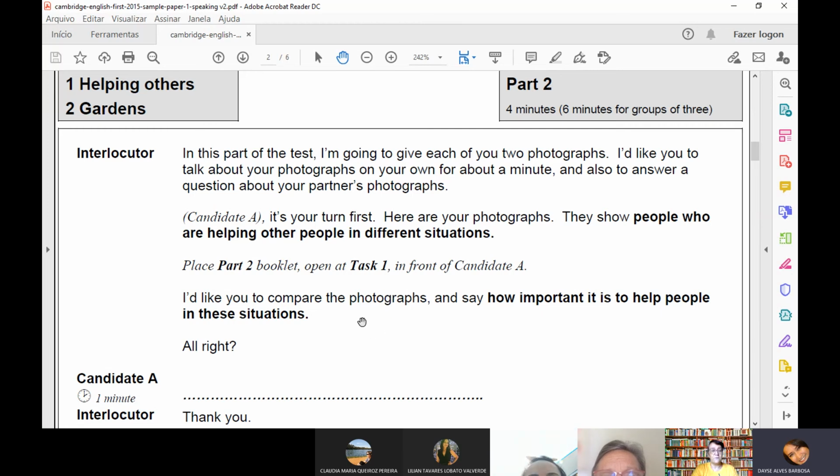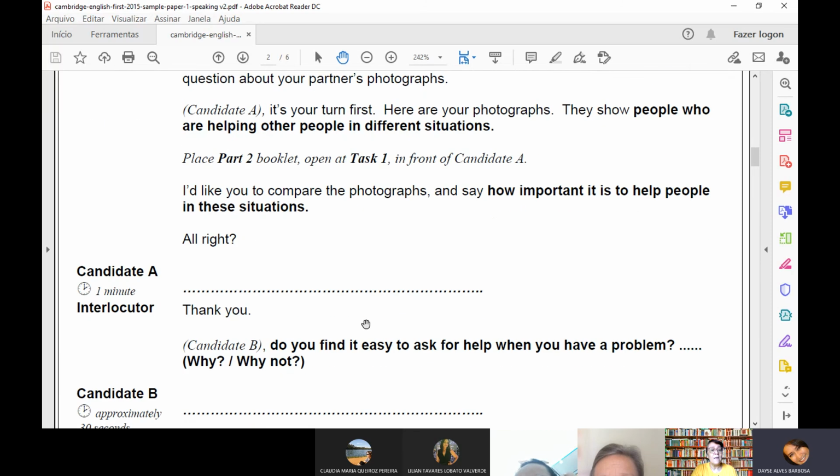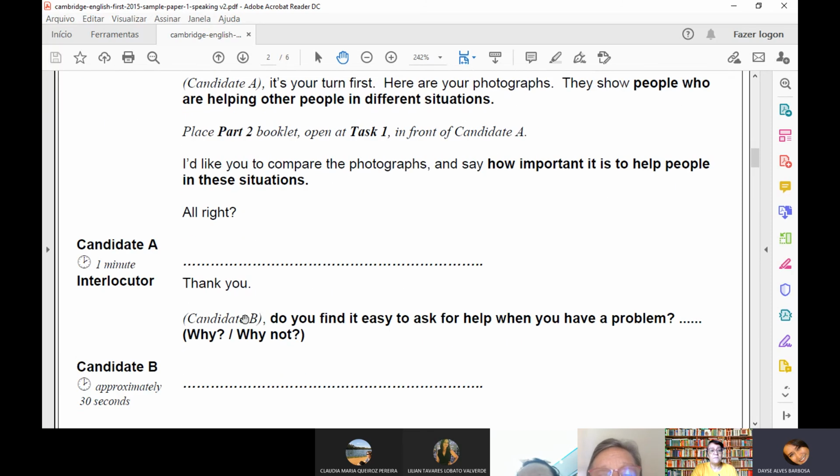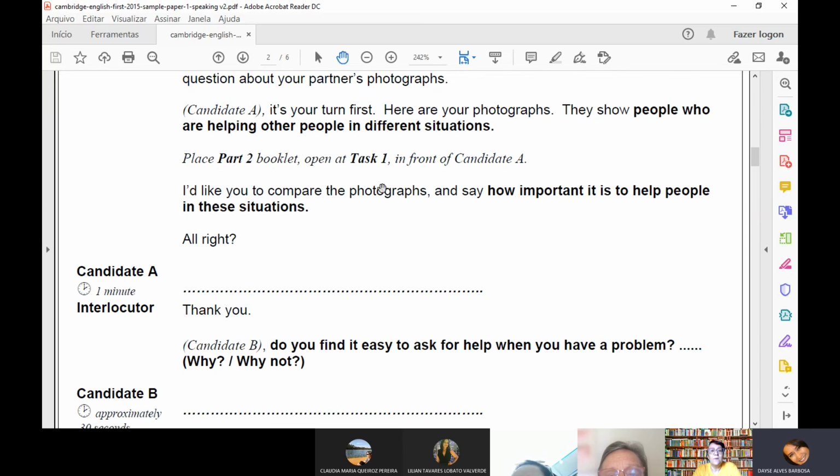I'd like you to compare the photographs and say how important it is to help people in these situations. All right? And then the candidate usually nods, okay? Then it lasts about a minute. The candidate has 1 minute to talk, to compare the 2 photographs.